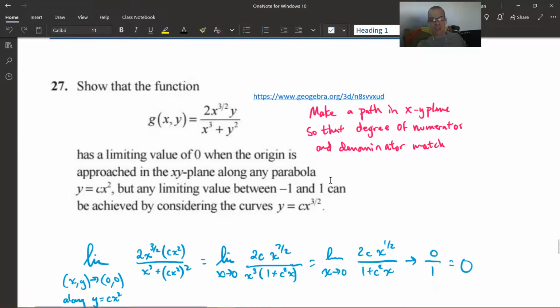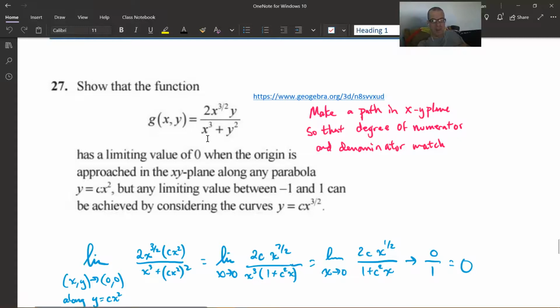Right now, if we look at this rational function, we've got x to the 3/2 power on top, we've got y to the 1 power, and if you were to multiply those, you could think about the total degree of the numerator being like 5/2 maybe, but again, one's x and one's y, so it's not like you can directly mash them together.